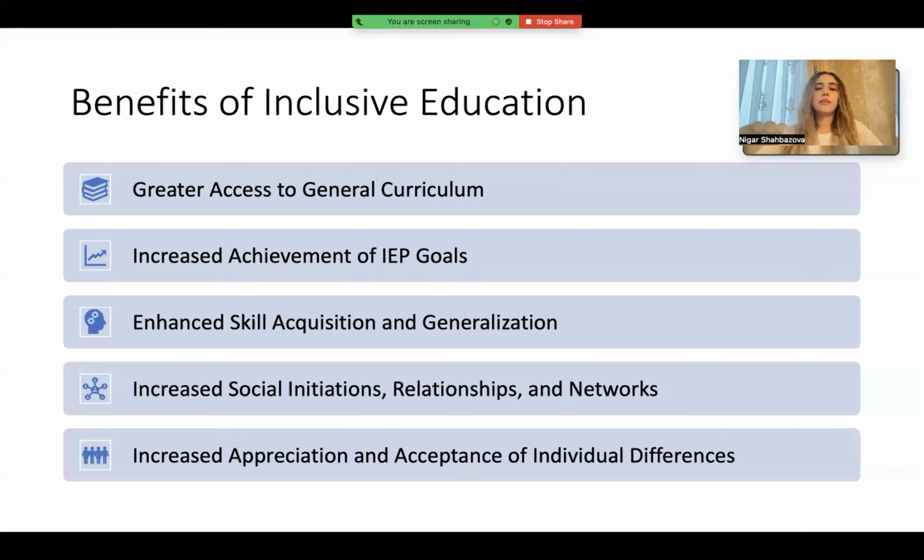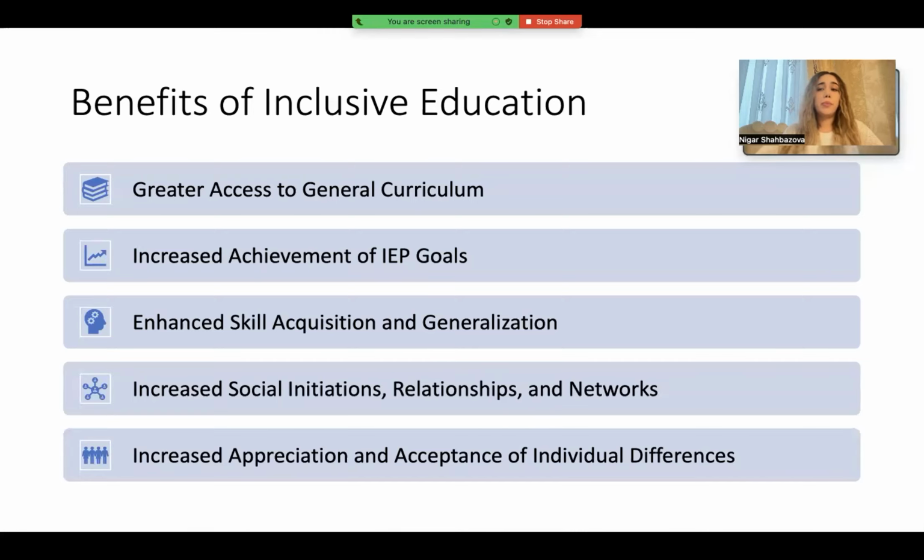It also enhances skills and generalization. It means that they can now learn new concepts, new skills, and by practicing, they can contribute to the economy. And the growth of the economy can be fostered by this. Also, it increases social initiations, relationships, and networks. Now they can have broad social skills by communicating with other students.